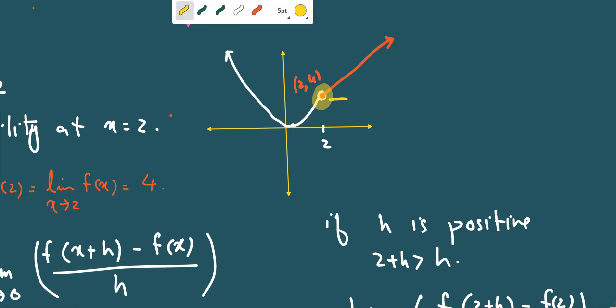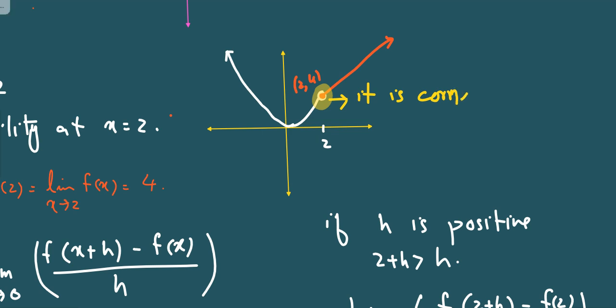It is the corner point. And functions are not differentiable at their corner points, because at the corner points the left limit and the right limit of this expression are not equal.